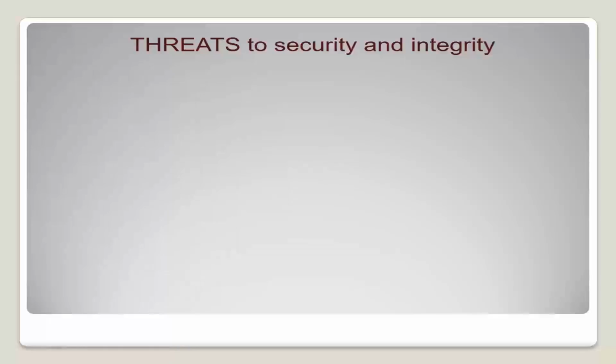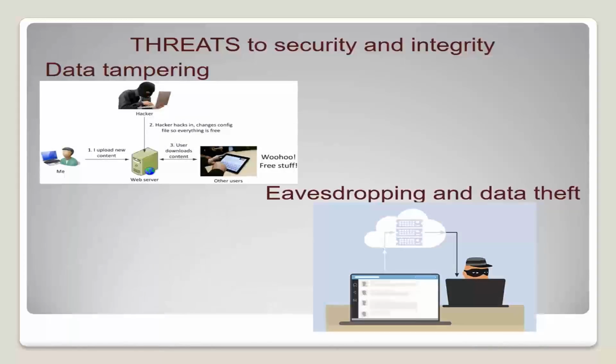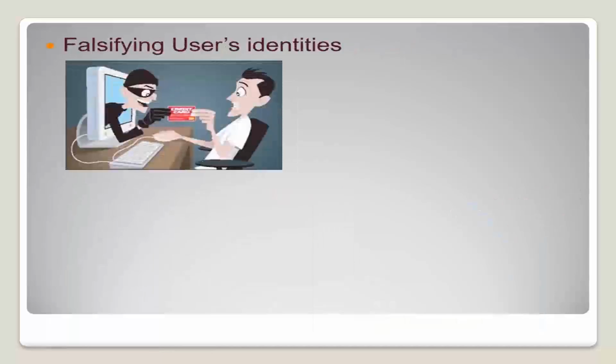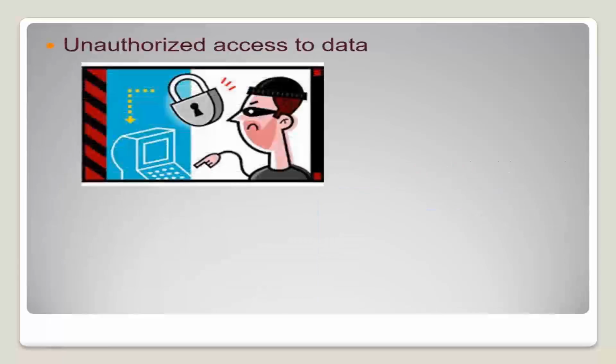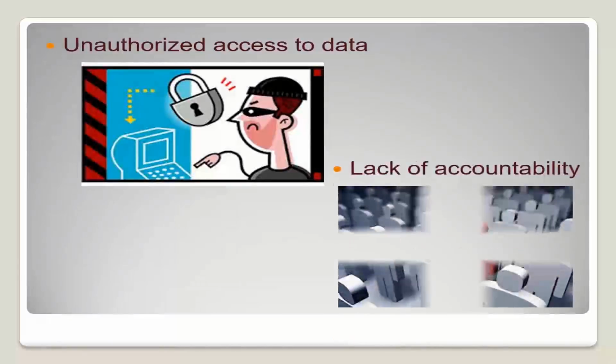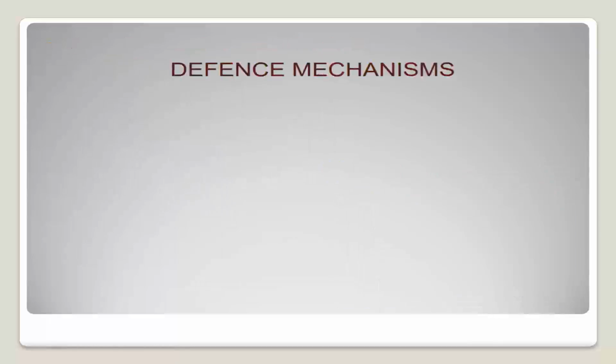Given below are some database security threats. A threat can be data tampering, eavesdropping and data theft, falsifying users' identification, password-related threats, unauthorized access to data, or lack of accountability.